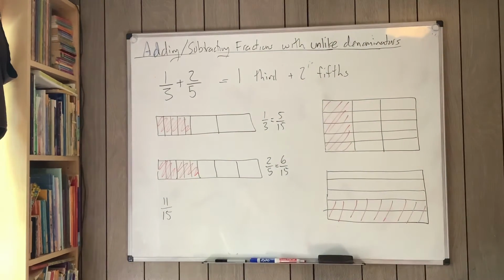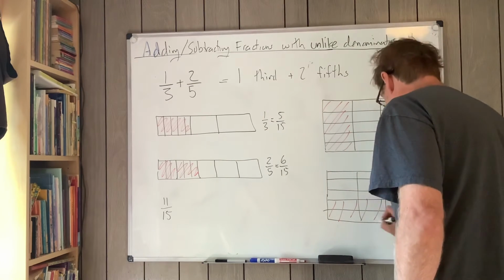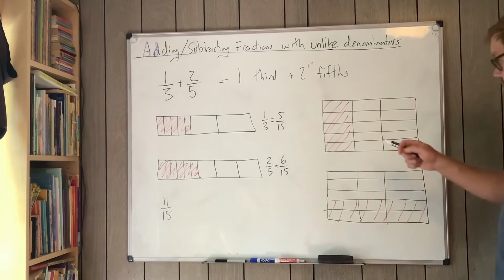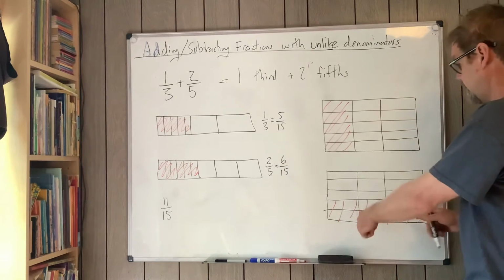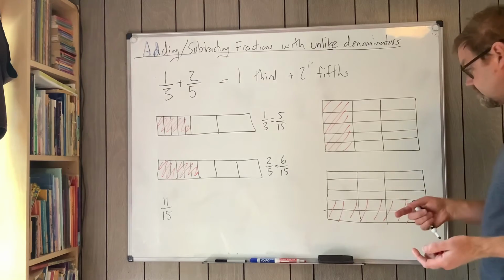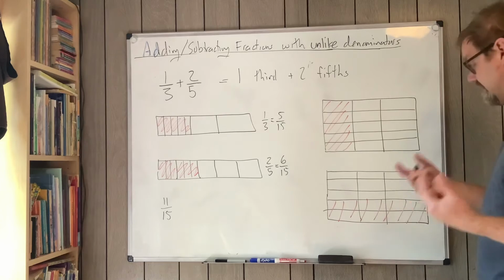Then I'm going to subdivide this way. That's really important because the size of these boxes has to look the same. If I had cut fifths and then thirds that way, it doesn't look right. The sizing is wrong. They are the same area, but it doesn't look right.